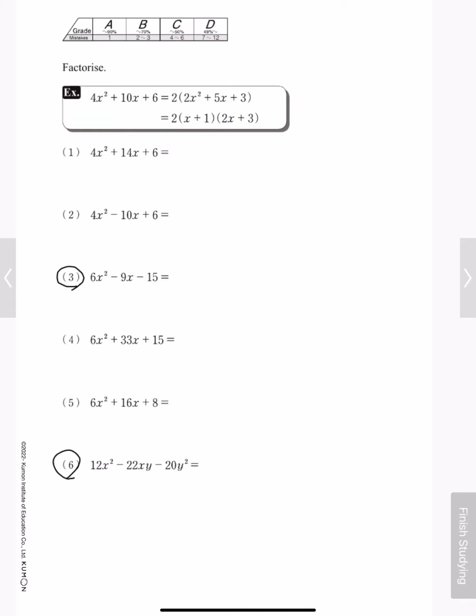Now, before we move on to the cross multiplication, sometimes we can take out the factors from all the terms. So for example, in this case, 6, 9, and 15, we can take out the 3 first. So we just take out the 3. Double check your answer, good. So we just take it out first, and then we do our cross multiplication. But remember to leave the 3 outside.